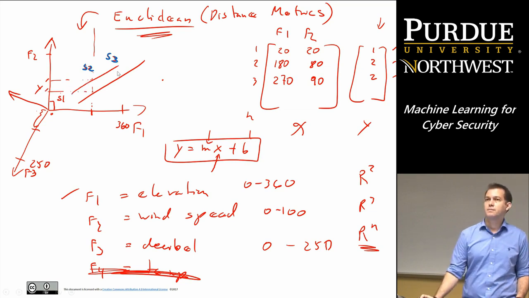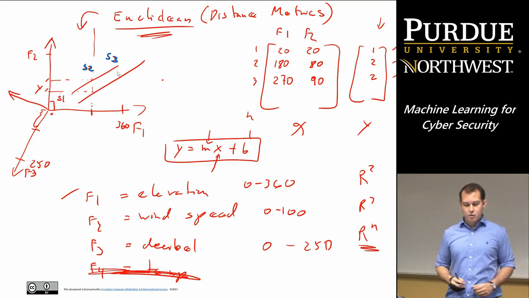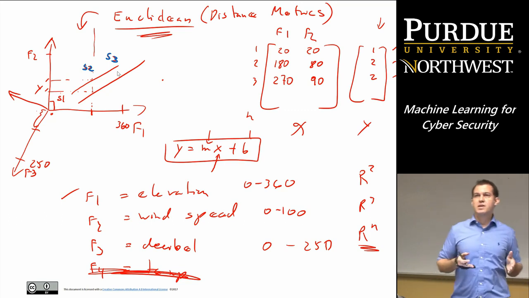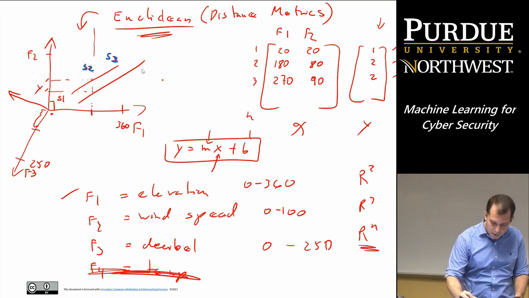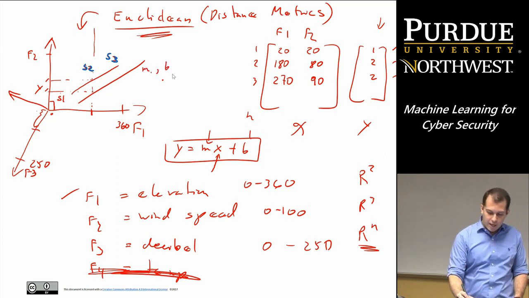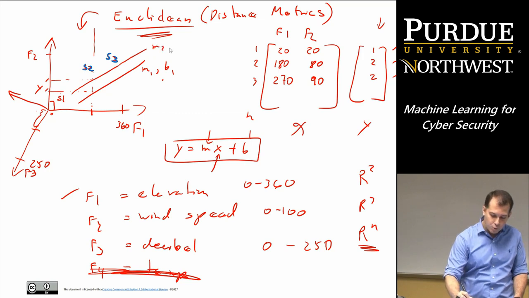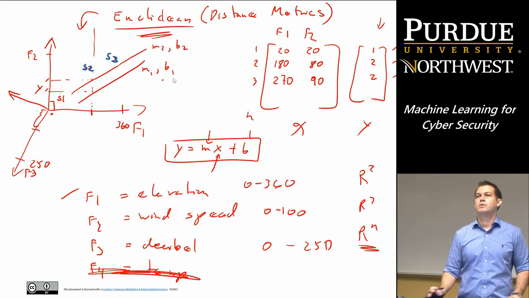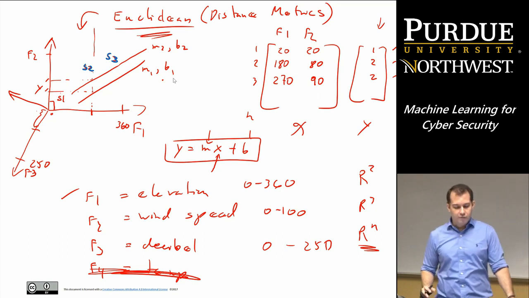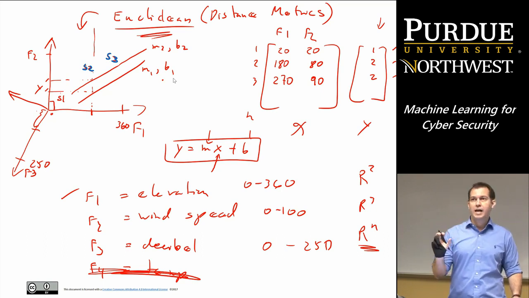Do you see that? All right. And so what determines this line? This line is determined by m and b. So this line will have an m1 and a b1, whereas this line will have an m2 and a b2. That's another way of saying one line has one set of parameters, the other line has another set of parameters.